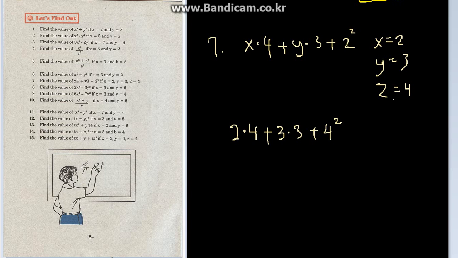Okay, we substitute 4 for z. So if we do this computation, we get 8 plus 9 plus 4 times 4 is 16. 8 plus 9 plus 16 is 33, and that is the answer.